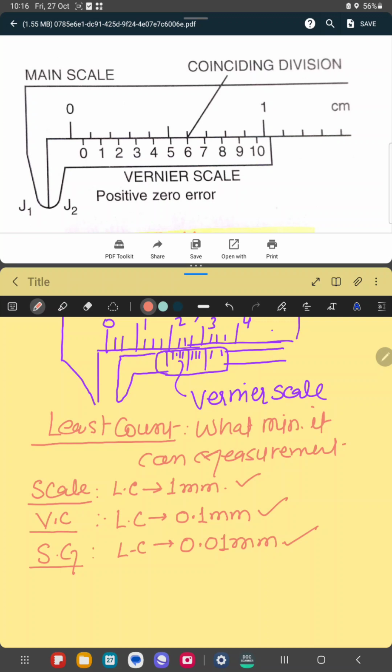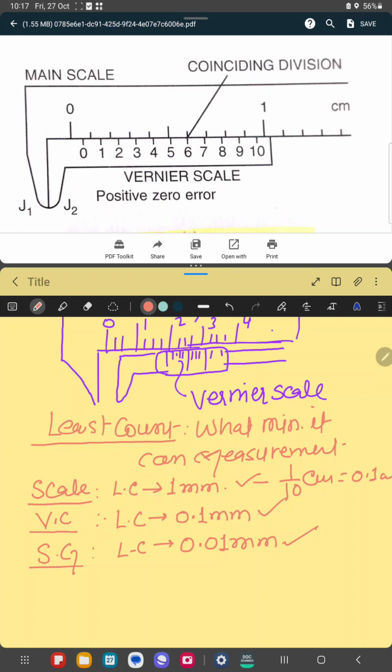We can also convert into centimeters as well. So 1 mm is equal to 1 divided by 10 centimeter, or 0.1 centimeter.